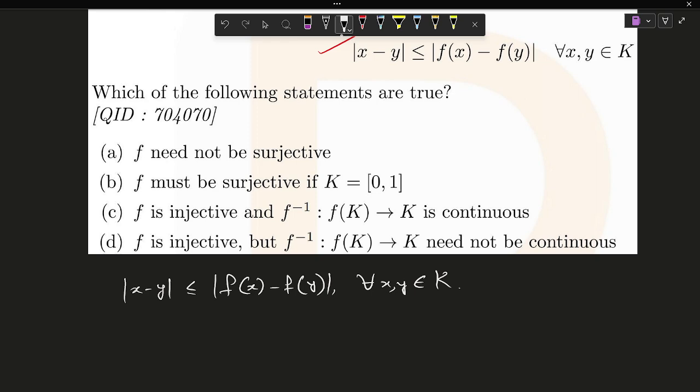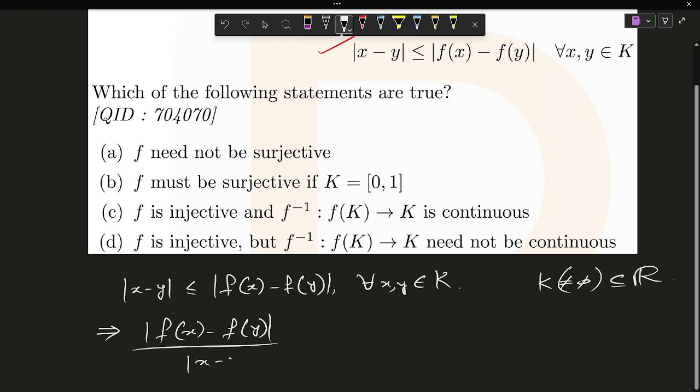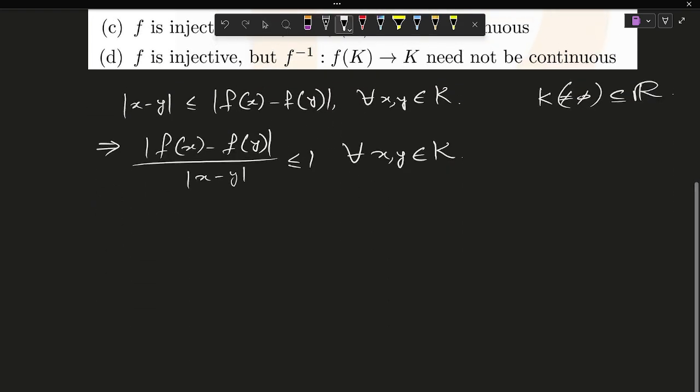We can easily see that K is a non-empty subset of R. Then |f(x) - f(y)| by |x - y| is greater than or equal to 1 for all x and y belonging to K.